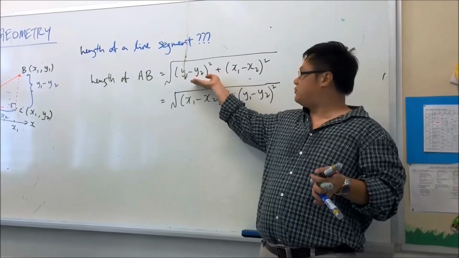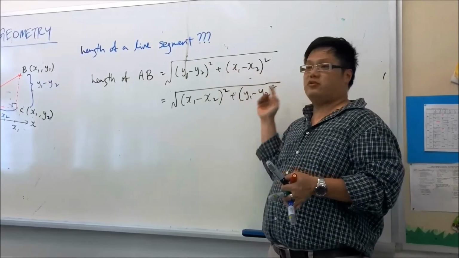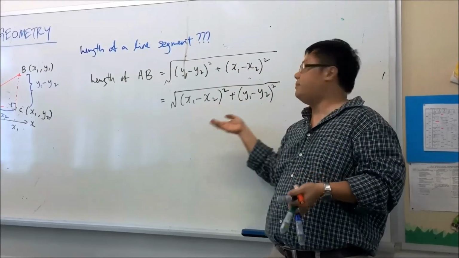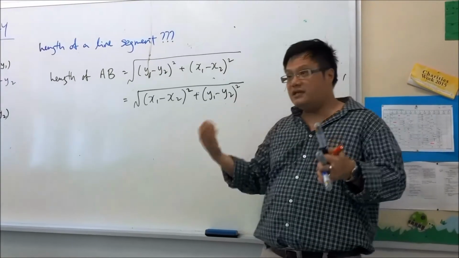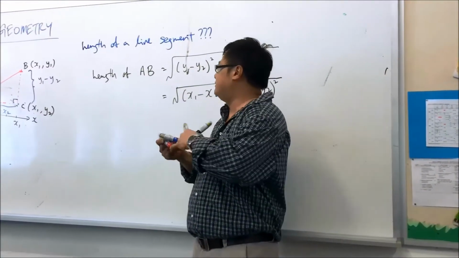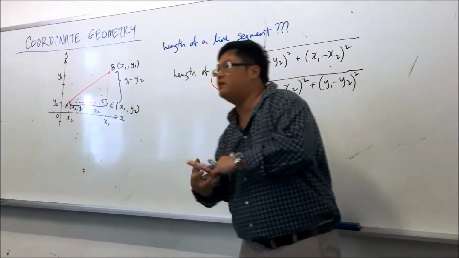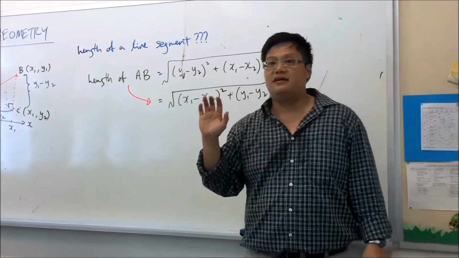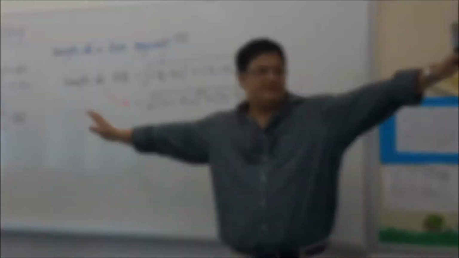It doesn't matter which one you use, they are the same. But for convenience sake, we all remember the second one. So this is the formula for finding the length of the line segment. Everybody okay?